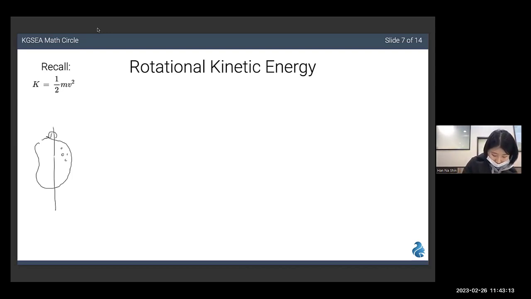So that means that total kinetic energy K is the sum from particle i to n of all the masses. So if we just use the formula that we're already familiar with, that would be the sum of 1/2 m_i v_i squared.